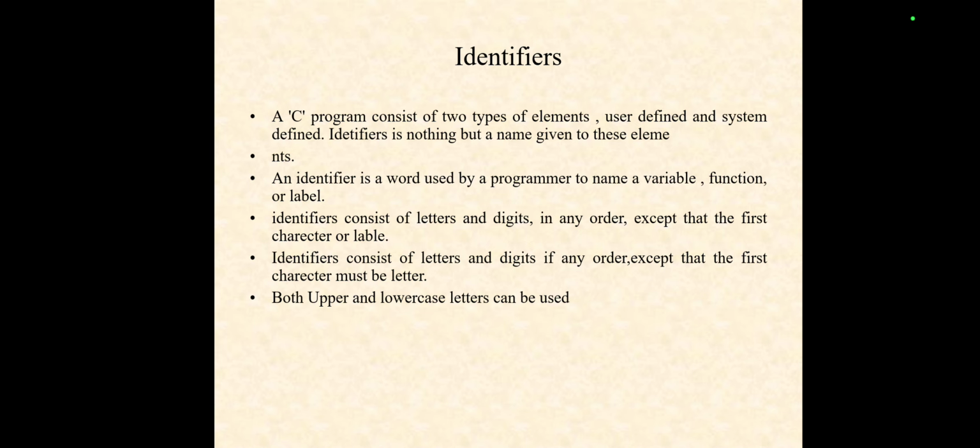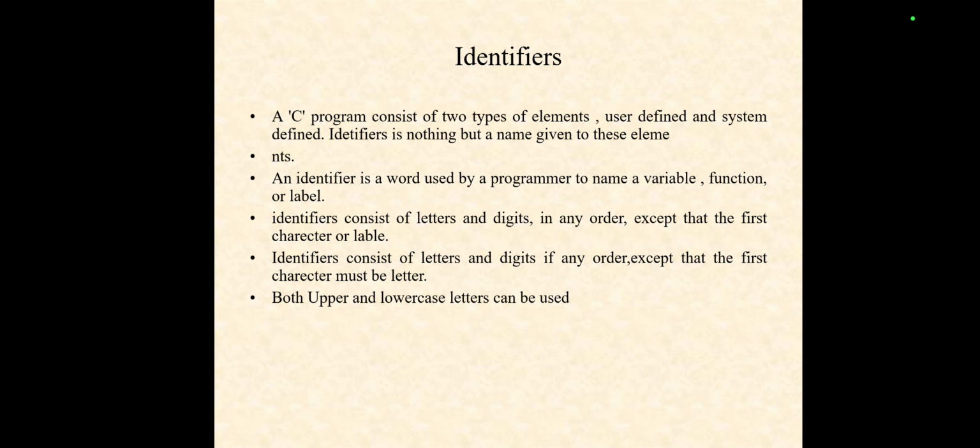Okay, another part is the identifier. An identifier is nothing but a name given to the elements. An identifier is a word used by a programmer to name a variable, function, or label.